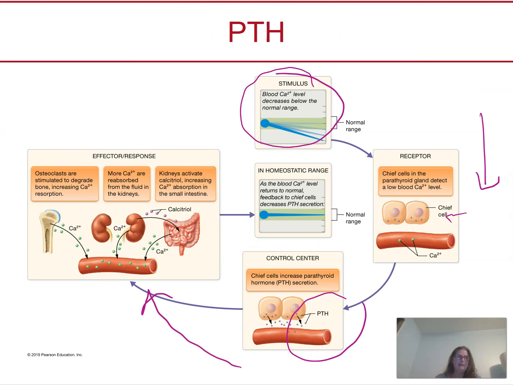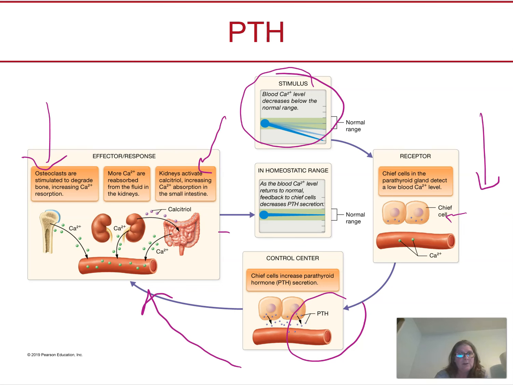So if our blood calcium levels fall, this is life-threatening. We've got to get that calcium, so we go take it out of our bones as the number one place we go. And so when PTH is released, it's going to stimulate the osteoclast, right? It's going to take calcium out of our bones because if we don't, we're going to die. It also is going to go after our small intestine and our kidneys.